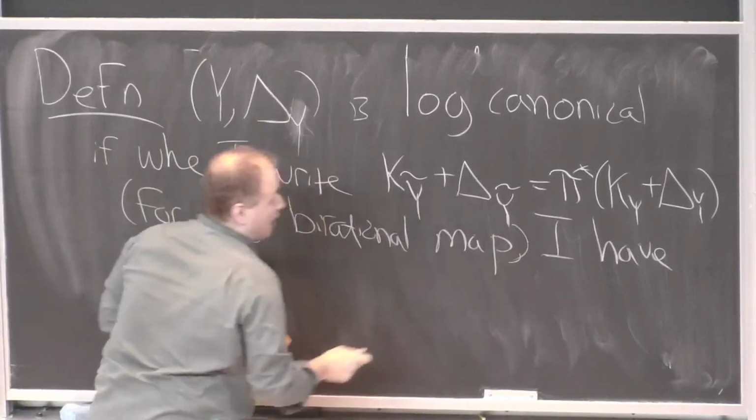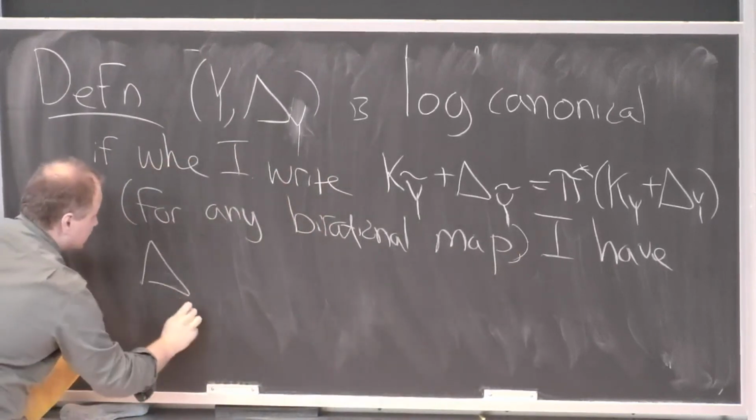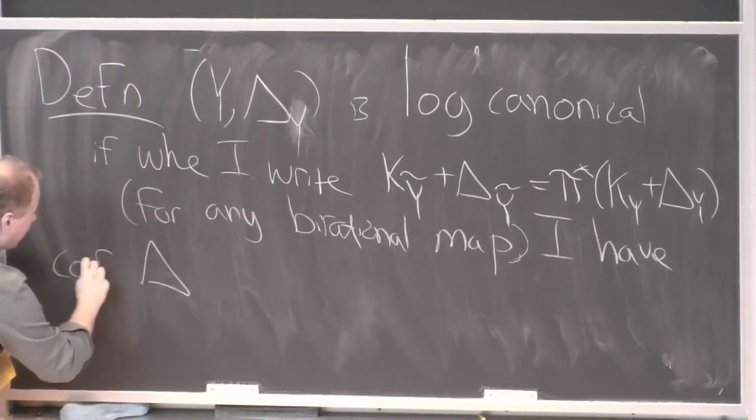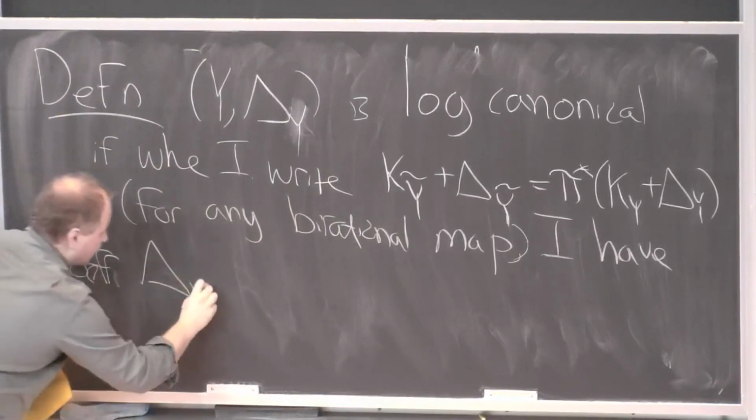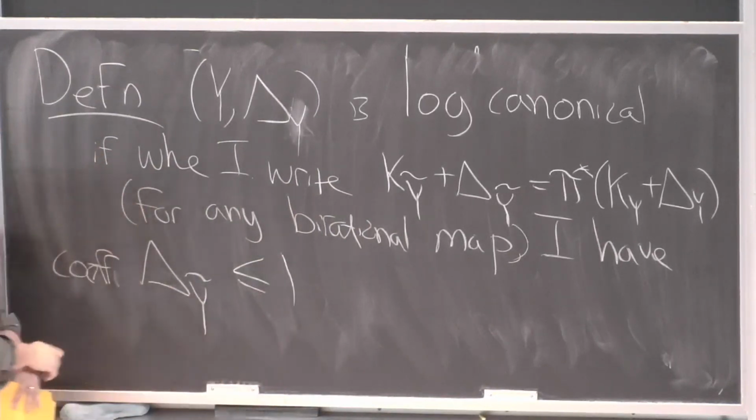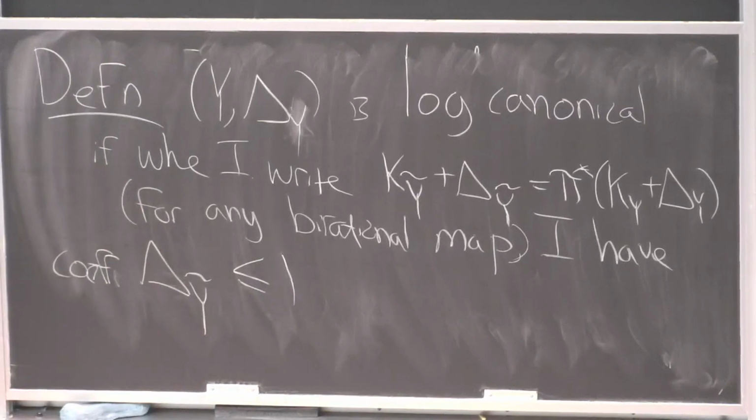For any birational map, I have the coefficients of delta y tilde are all less than or equal to 1. So you could view this as a definition of log canonical. If you want a definition of Kawamata log terminal, it's strictly less than 1, instead of less than or equal to.